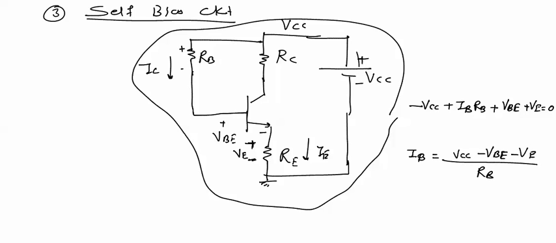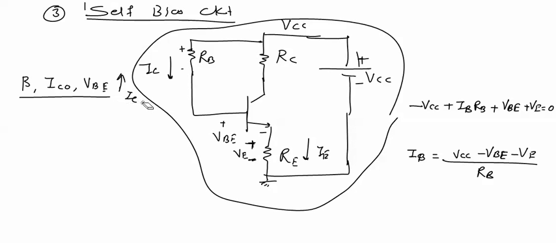Now earlier we have seen that three parameters beta, ICO and VBE, all the three parameters tend to increase the collector current IC of the transistor. If collector current IC is increased, the transistor may burn or the operating point will be shifted.